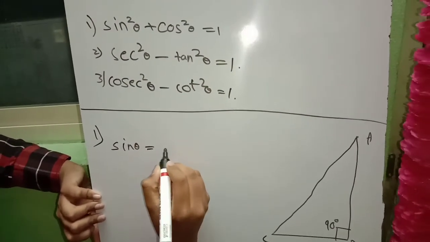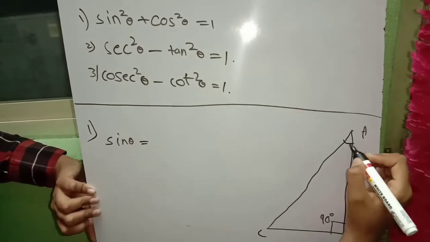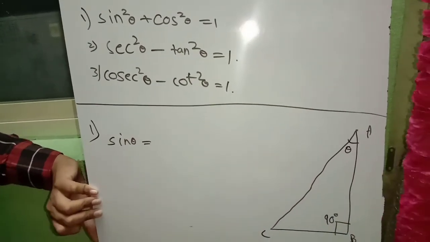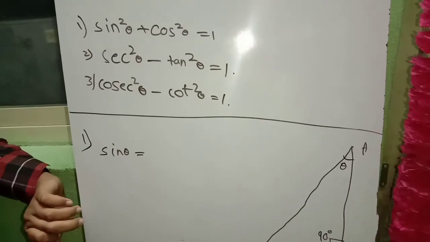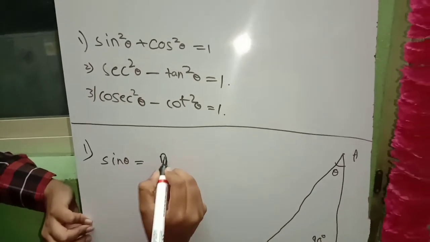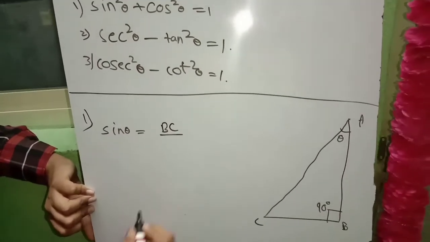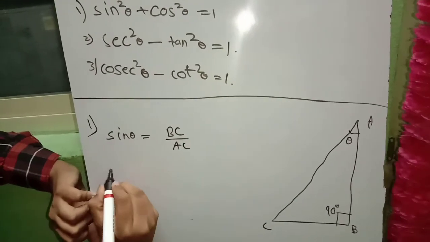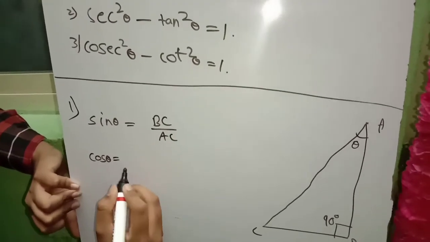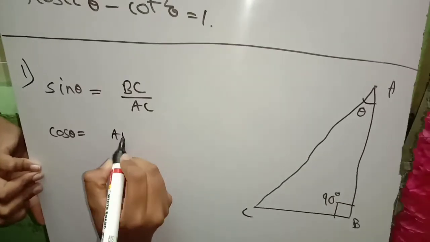Let's take A as theta. Opposite side to theta is BC, hypotenuse is AC, so sin theta is BC by AC, and cos theta is equal to adjacent side, AB by AC.